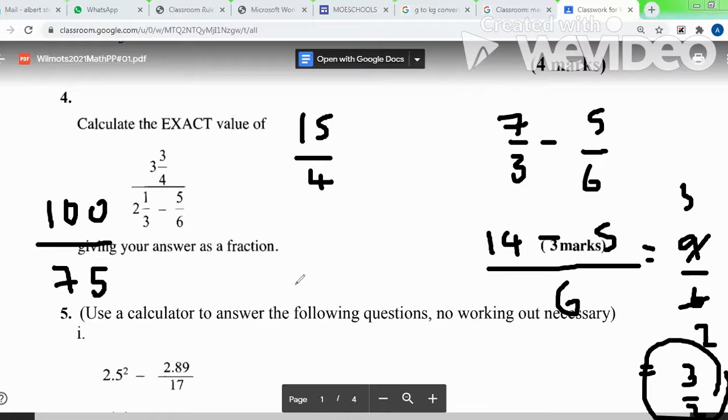Can somebody tell me what you think the factors of 75 are? 25. It wouldn't be 10. I would say 15. Yeah, 15 is correct. And 5. And 5, yes.